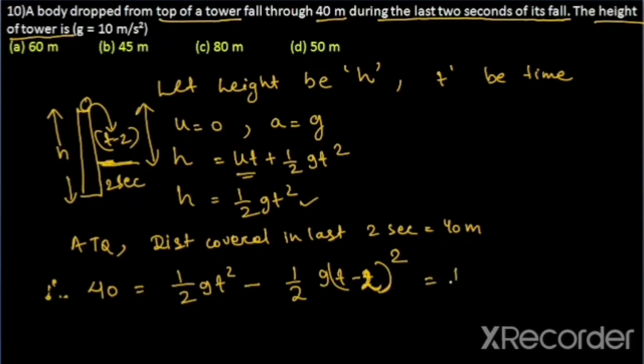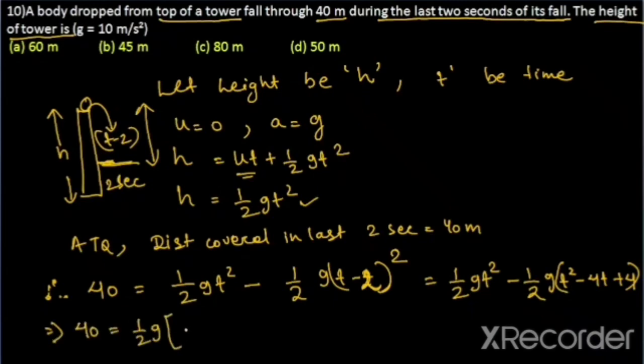That implies 40 is equal to half gt square minus half g (t square minus 4t plus 4). Now 40 is equal to half g times (t square minus t square plus 4t minus 4). So t square cancels out. It will become half into g into (4t minus 4).